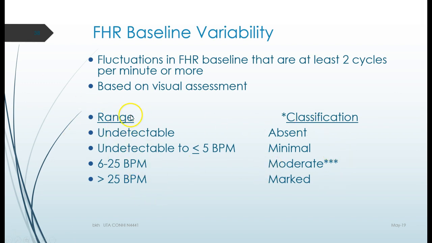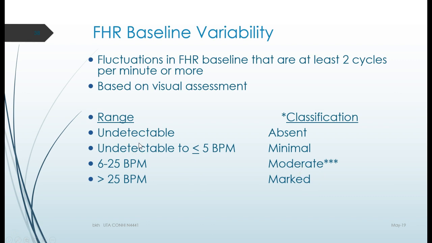This is what we see. This is what we're going to document. And we have to document variability every time we talk about the fetal heart rate. We're going to talk about what its baseline rate is, 125, with minimal variability. And that's going to tell us a lot, and you'll understand that here in just a little bit.